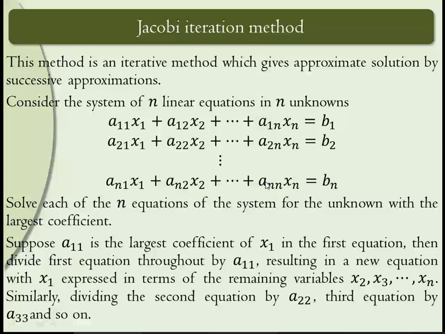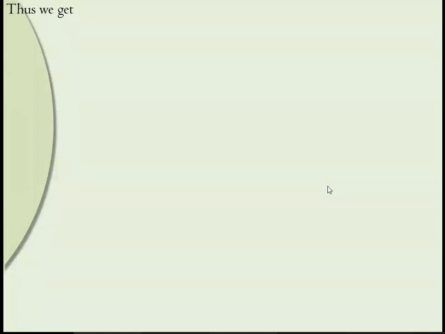Then after that, what do we get? We get the equations for x1, x2, x3 up to xn in terms of other variables.